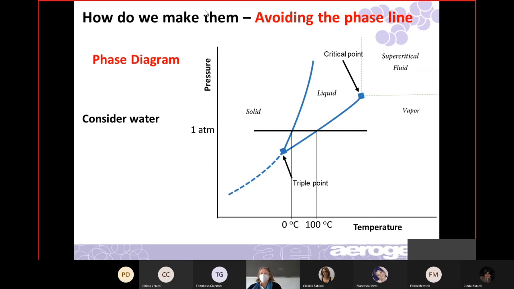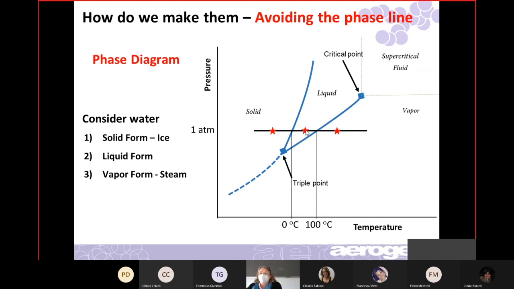So in the solid form, if I'm at 1 atmosphere and less than 0 degrees C, it's ice, right? So it's in the solid form. If I'm at 1 atmosphere between 0 and 100 degrees C, I'm a liquid. And vapor form, if I'm at 1 atmosphere greater than 100 degrees C, I'm a vapor, right? That's simply what a phase diagram is.